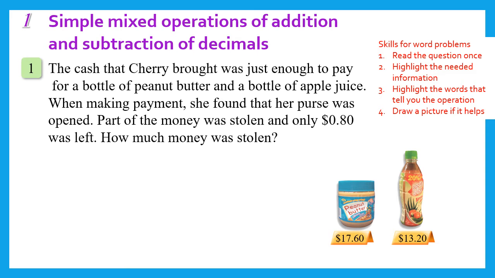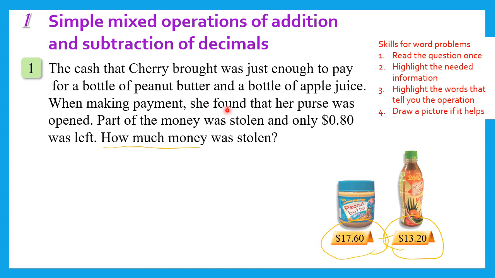Okay, so the question is how much money was stolen, and the keywords are how much money. Then you have to circle the information that you need, so you have to read it one by one. So the cash that Cherry has is just enough to pay these two. Okay, so the money that she has should be the sum of these two numbers.